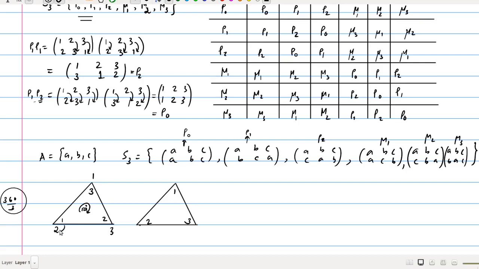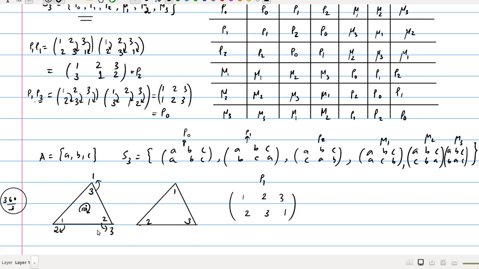This defines a function: 1 goes to 2, 2 goes to 3, and 3 goes to 1. So this will give the first rotation. That's why this is represented by rho 1.